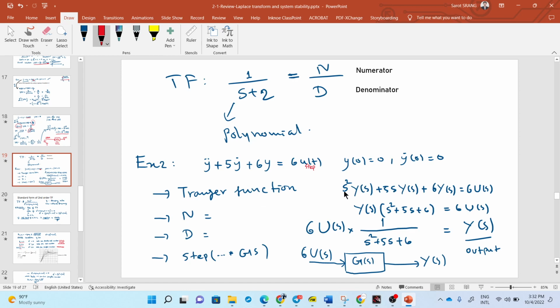So you do the Laplace transform: y double dot gives s squared Y(s), then this term gives 5s, and this term gives 6. Then the inverse of this polynomial is the transfer function, and the input here now is 6 over s.